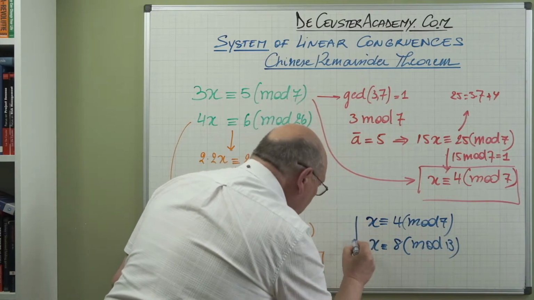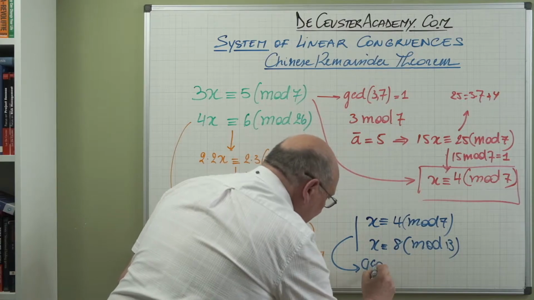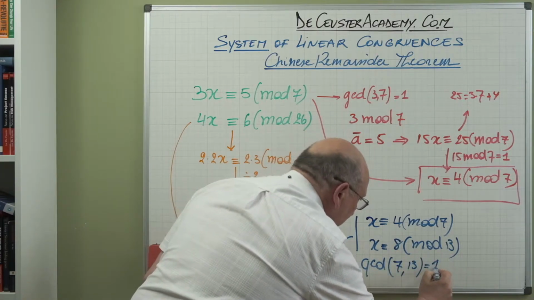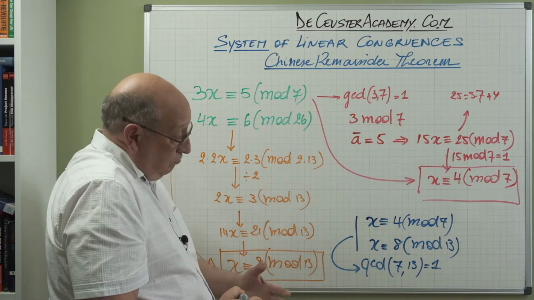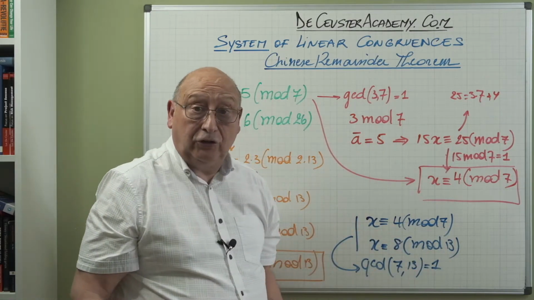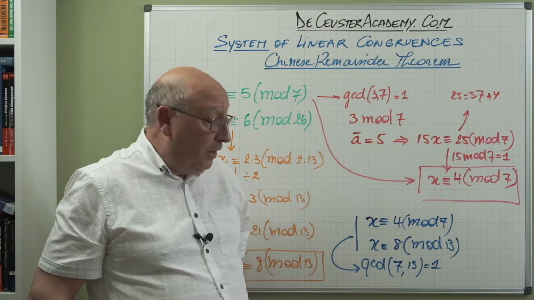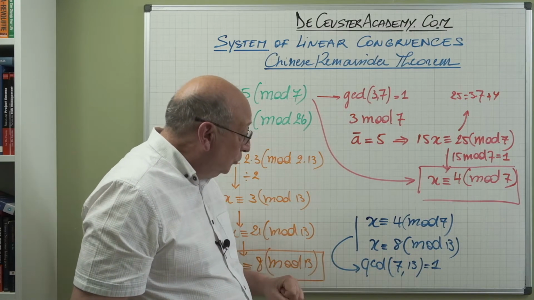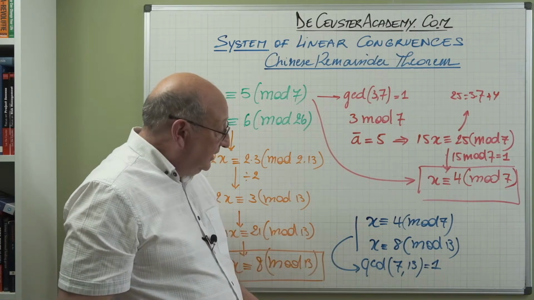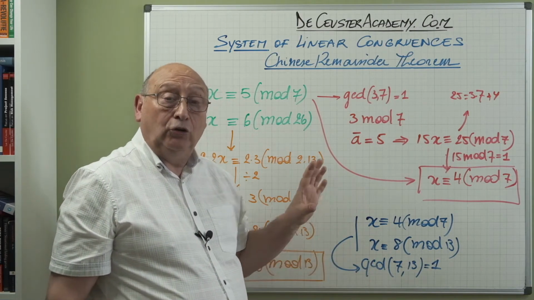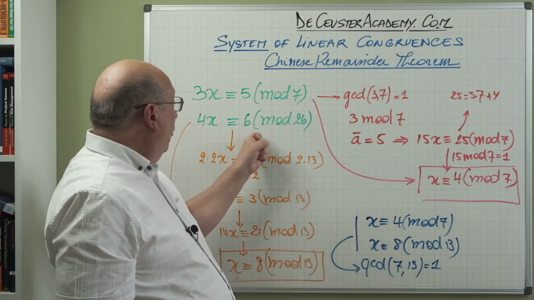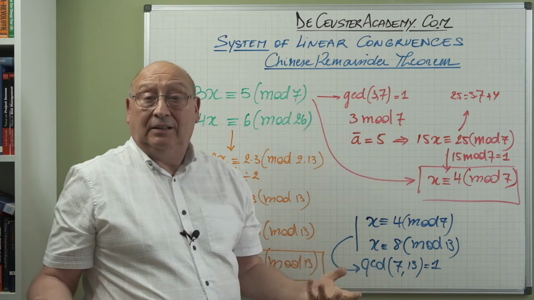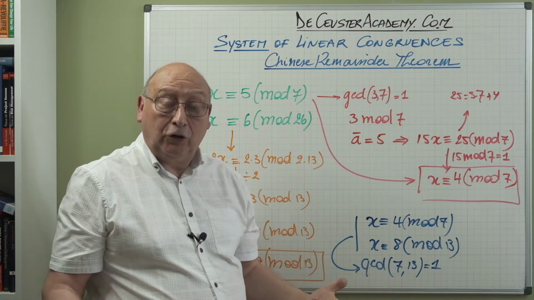And we know that the GCD of 7 and 13 is equal to 1. This is logical, 7 and 13 are both prime numbers. Of course, they are relatively prime. And this means that we can find a unique solution for this system of linear congruences.